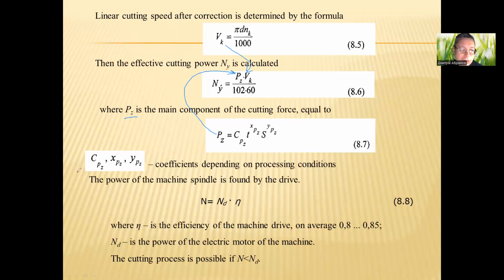In this formula, C suffix Pz, x suffix Pz, and y suffix Pz are coefficients depending on processing conditions.